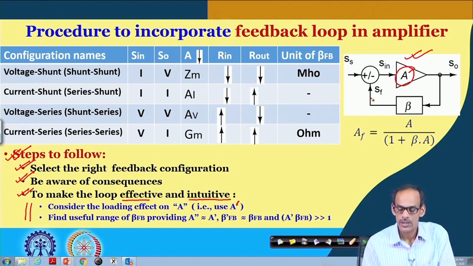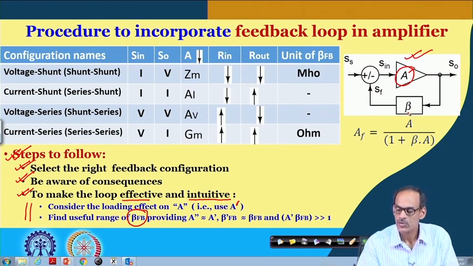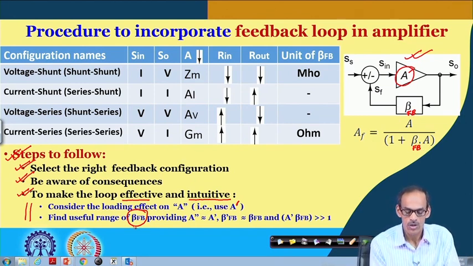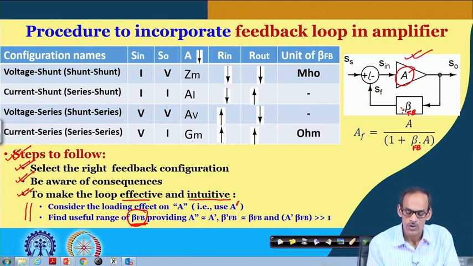Then the next important thing is that we need to find a meaningful feedback network, or rather feedback factor beta f b, so that the loading effect of this feedback network on A and the loading effect of the mixer circuit on the feedback network can be ignored, or we can say that A double dash should be approximately equal to A dash.